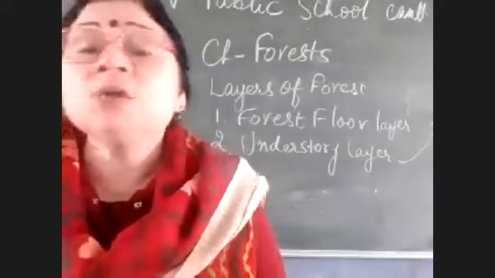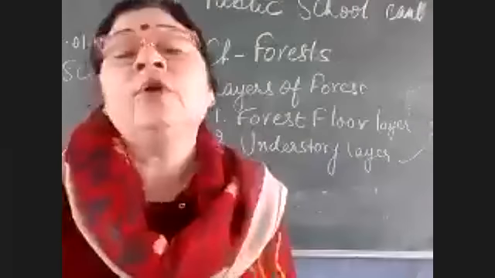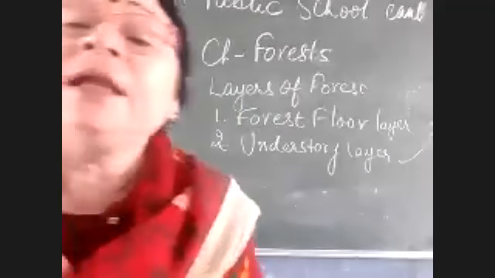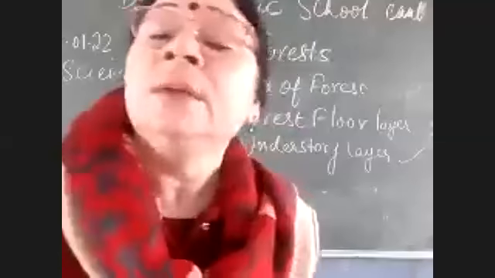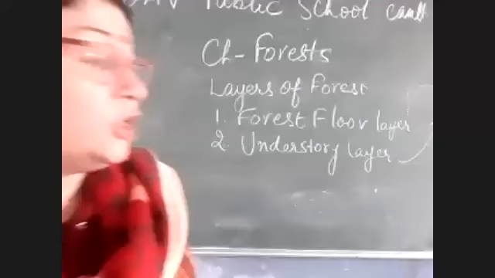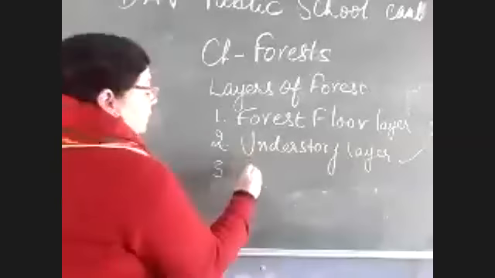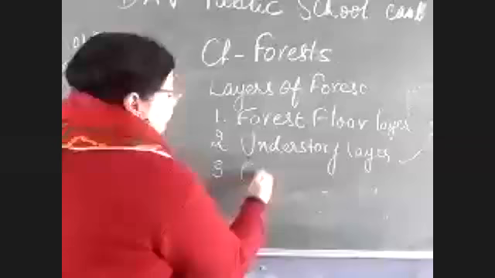The understory layer is forming a protective layer for the forest floor layer. Then the third layer is the canopy. In the canopy, there are intertwined branches. What does this mean? Intertwined branches means the branches are getting mingled up. This is your third one, that is your canopy.